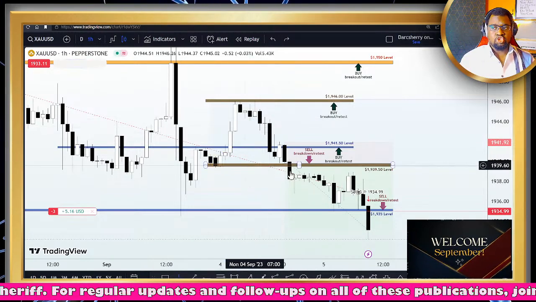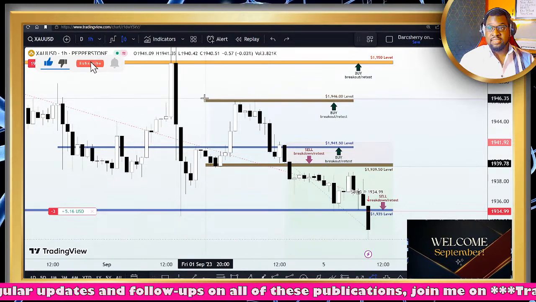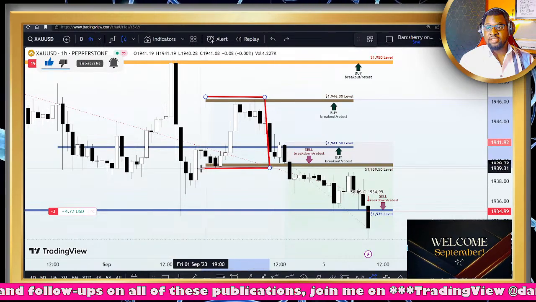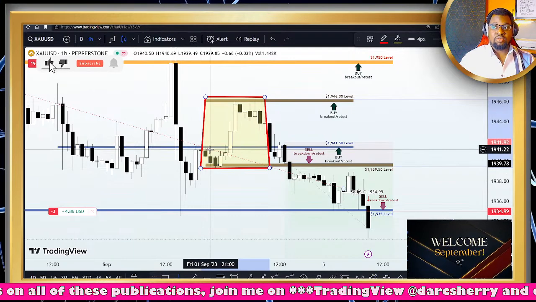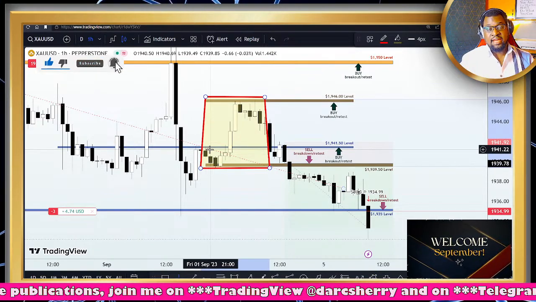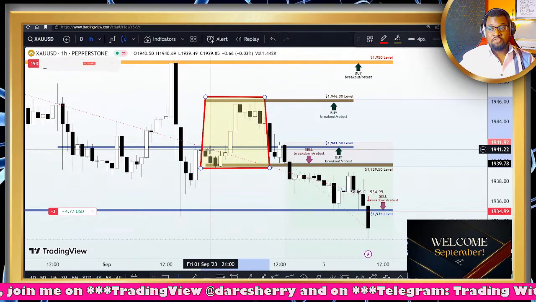So during the first half of the day yesterday, we saw price confined within a range between the 1,946 level and of course the $1,939.50 area, to emphasize the level of indecision at the beginning of the week.